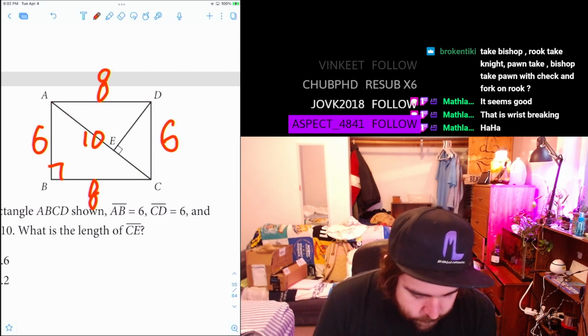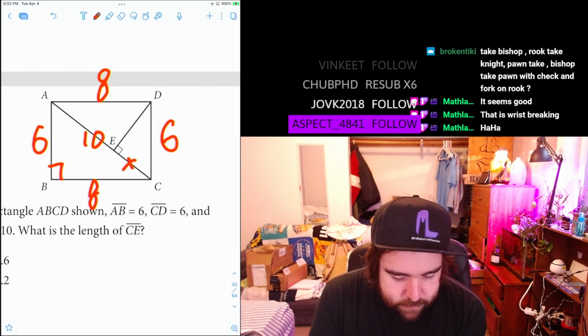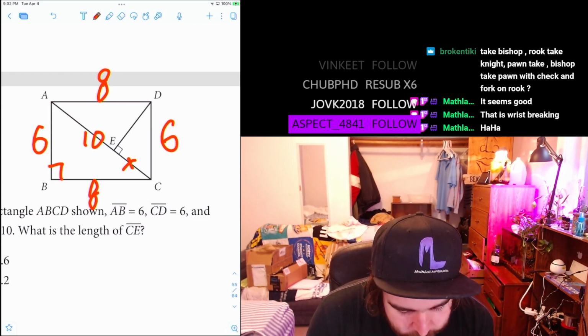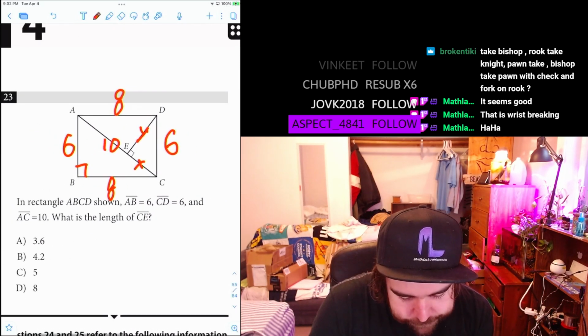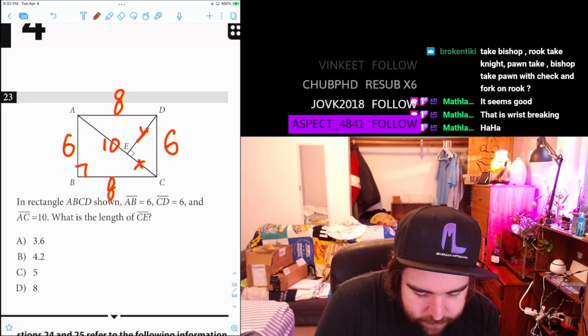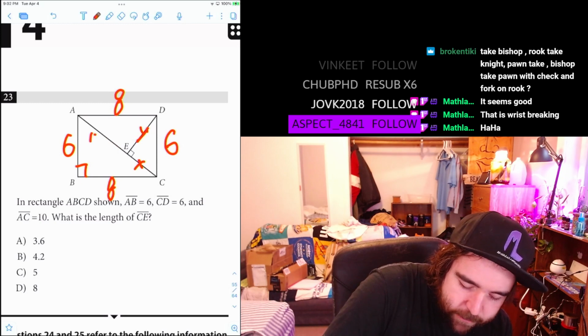And what is it that we want? We want this length right here. So what could we do about that? It's not obvious. Oh, that's what we do. We can solve for that. Oh, no, we don't know that this is 10. So this is 10 minus x here.